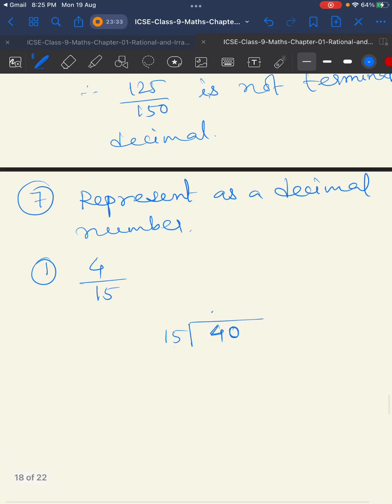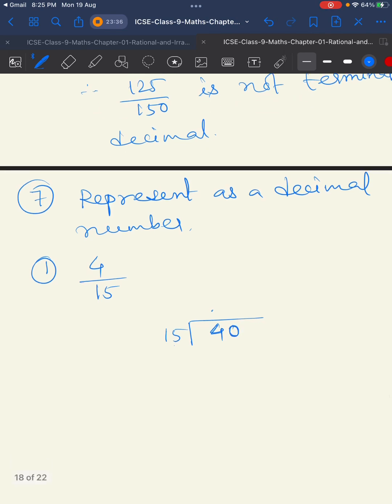Now we have 0. So 15 twos are 30. Now we subtract 30 from 40. So we bring down 0 and get 100. 15 sixes are 90. We bring down 0.